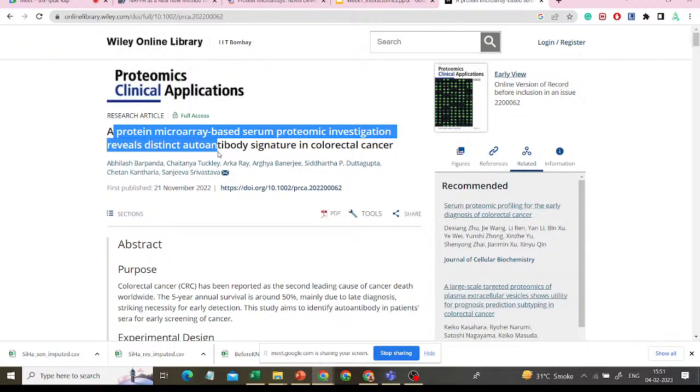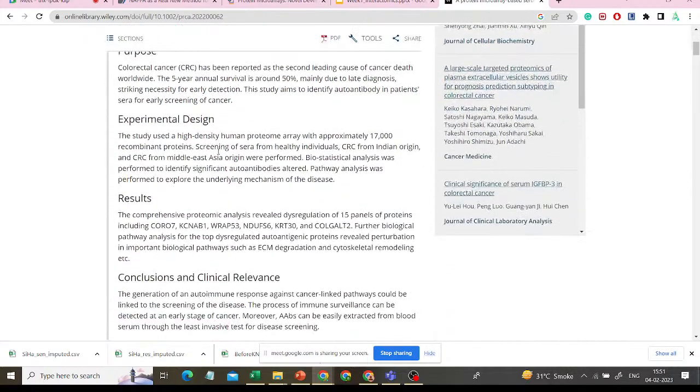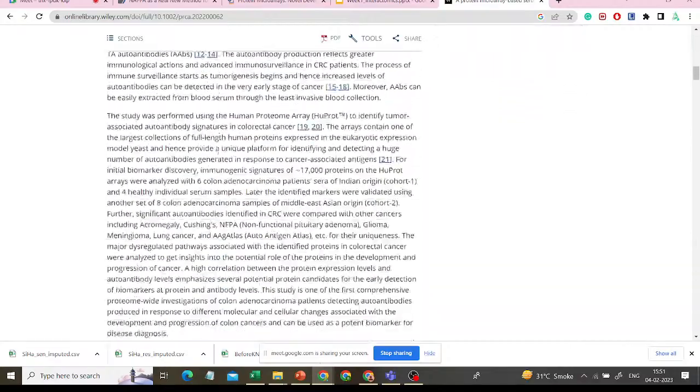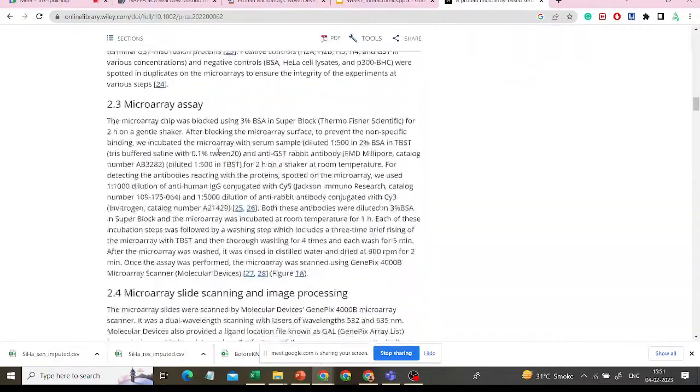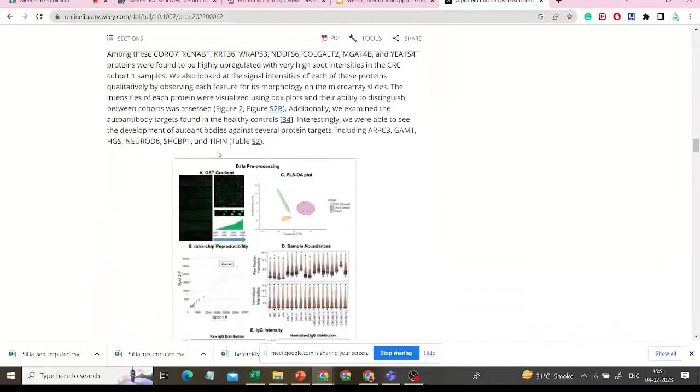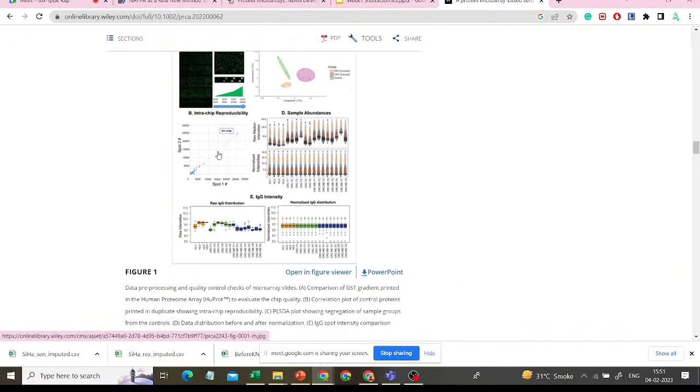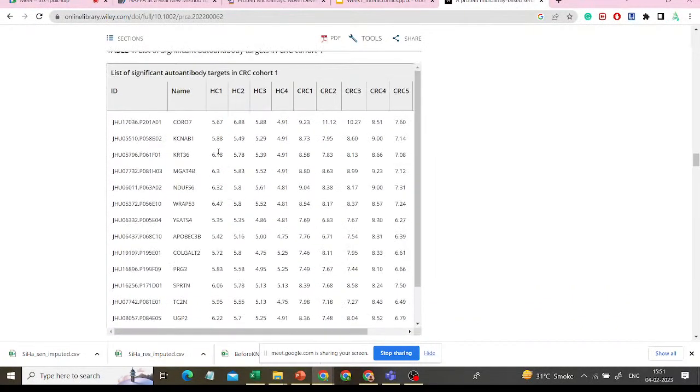On the basis of the serum, you can think of a non-invasive way to reveal the autoantibody difference signature in your cancer patients. You could profile the whole proteome, and then you could get a panel of those particular proteins, like this.